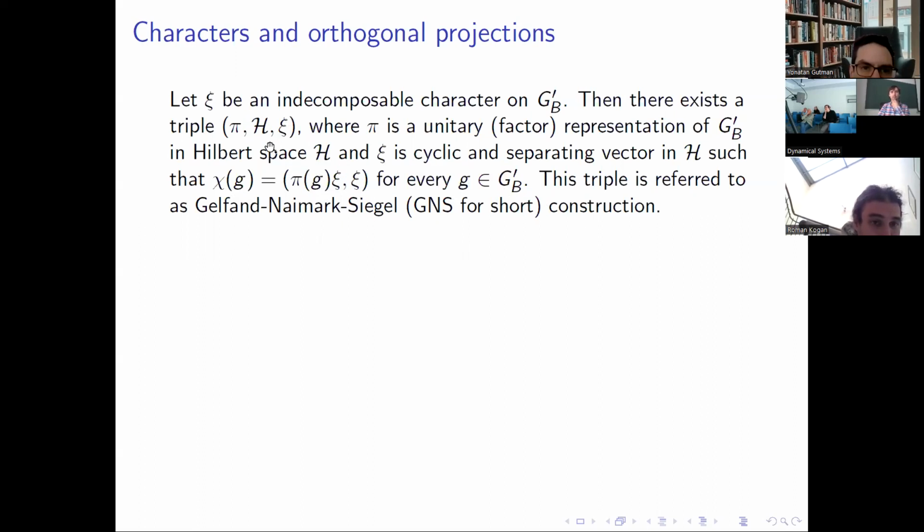Then we have H to be the L2 space on a certain topological space with an invariant measure, and then we have this function equation. So this is true in general. There's a more general construction called the Gelfand-Neumark-Segal construction, which gives us this representation.